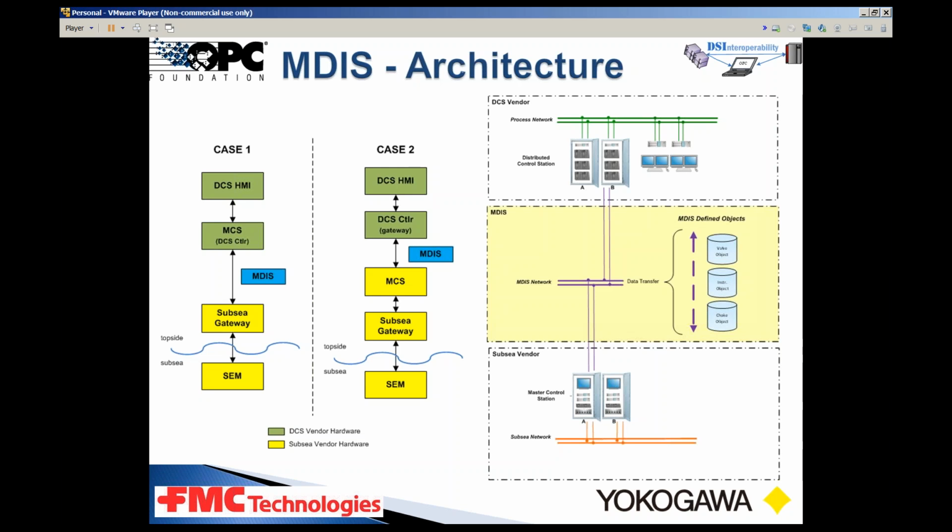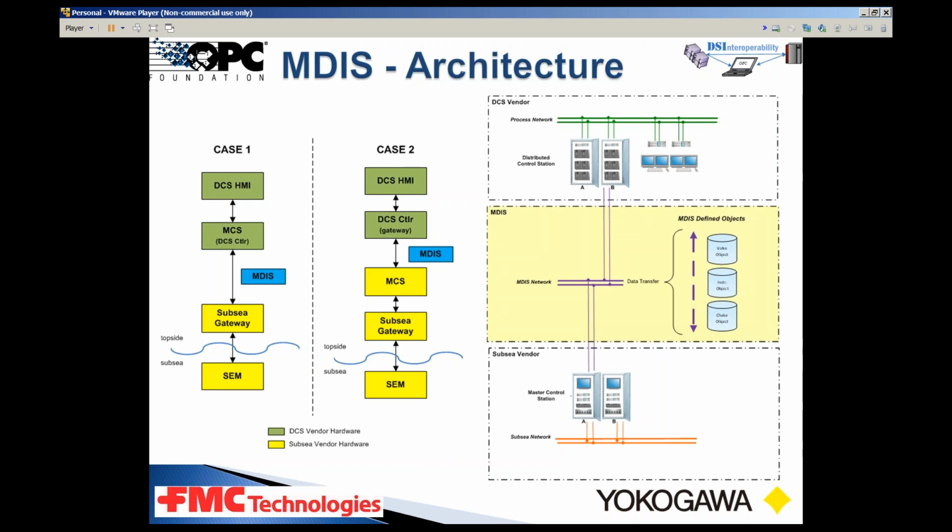And if the subsea system has the MCS controls, then there can be less information flowing up to the DCS system because some of it is handled just by the subsea system. It's a vendor-specific choice, or more particularly, an operator-specific choice as to where they configure it.